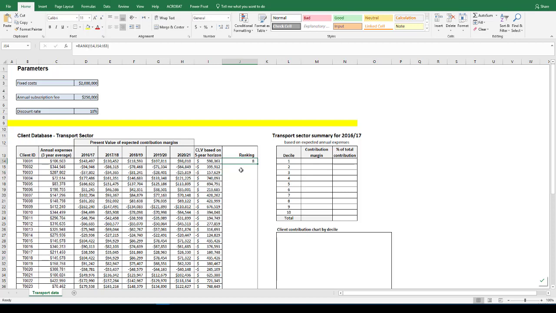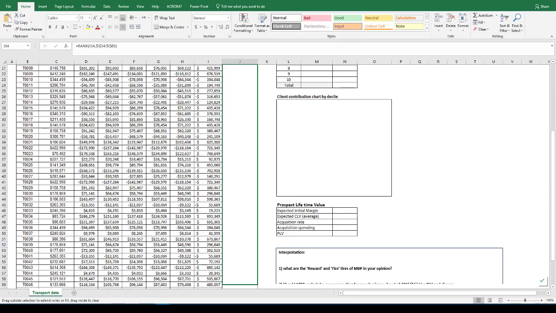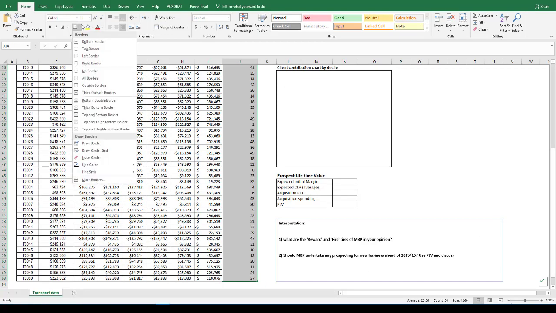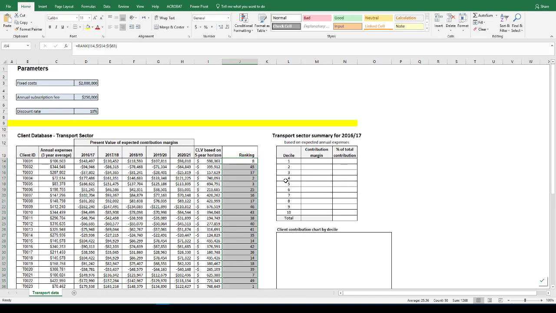For the second customer, we have to use the same formula, but if I fix the reference column, I can use the formula for the rest of the cells. Let me get this back to normal. So the first customer has the ranking of 8, which is good. The second customer, 45.